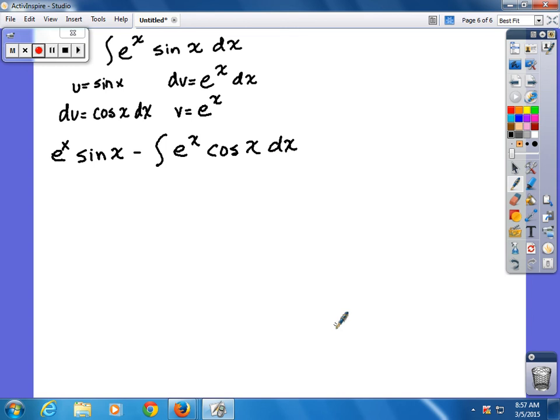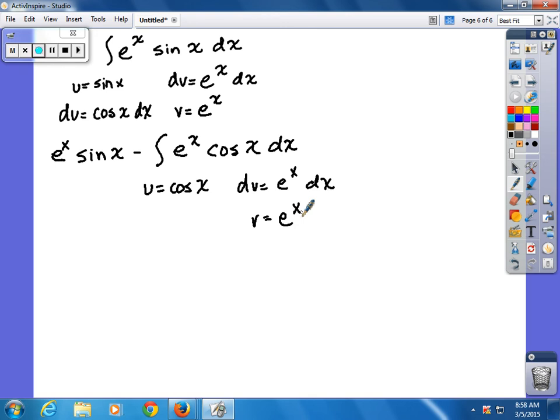Start it over. dv is equal to e to the x dx, and u is equal to cosine of x. v is equal to e to the x. The derivative of cosine is what?